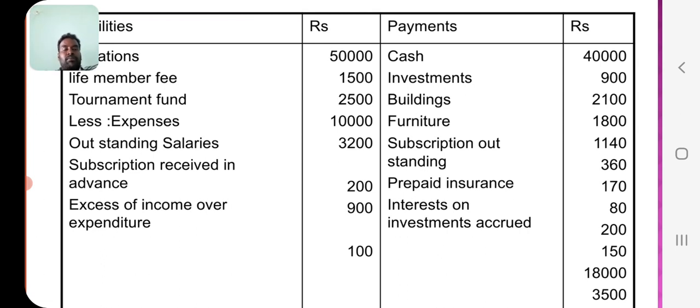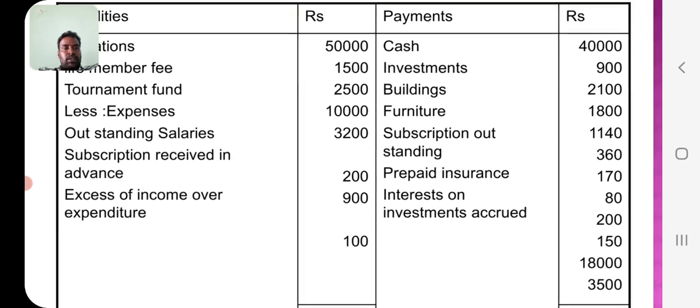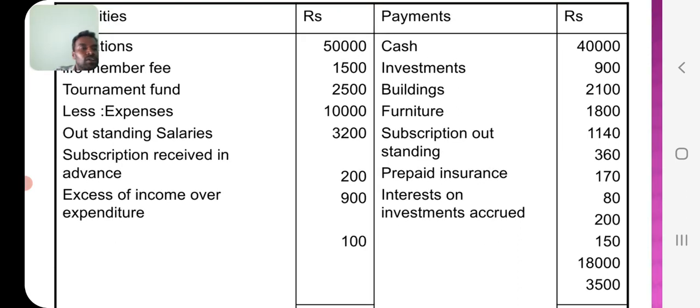It is a capital item, so it is shown as a liability. Life membership fee is capital, 1,500. Tournament fund less expenses 2,500. Outstanding salaries 170. Subscriptions received in advance 100. Excess of income over expenditure 3,140.